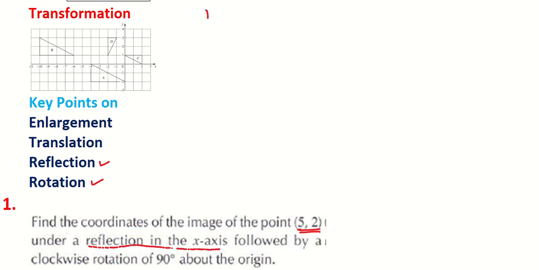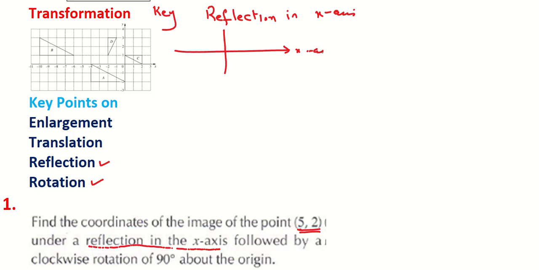The key point about reflection in the x-axis is this: if we have a point (a, b), we just change it to find the image. Just change (a, b) into (a, -b). This is the reflection of the point (a, b) in the x-axis.